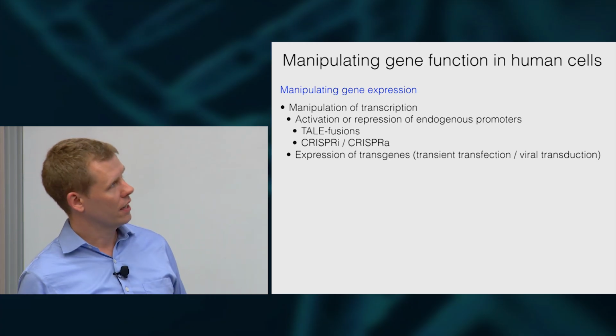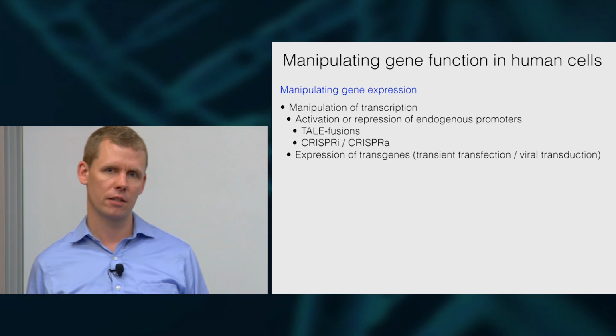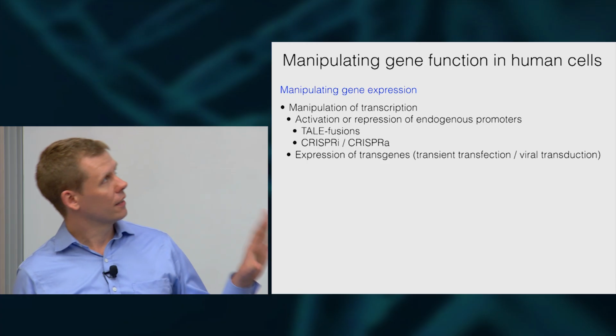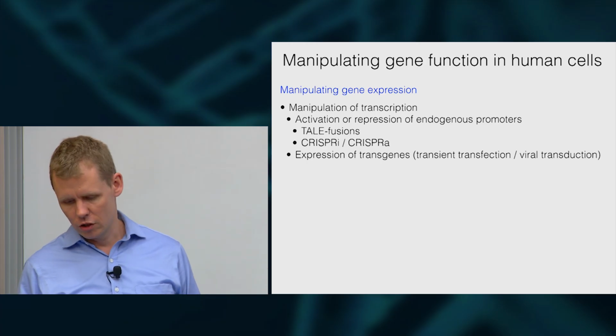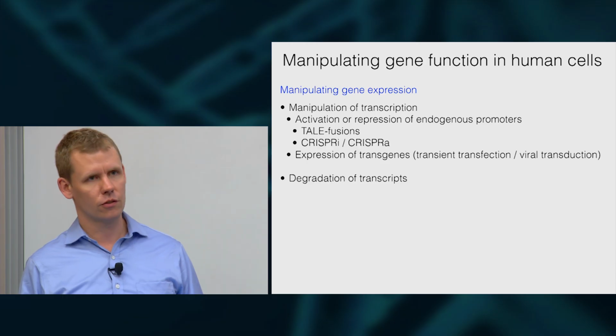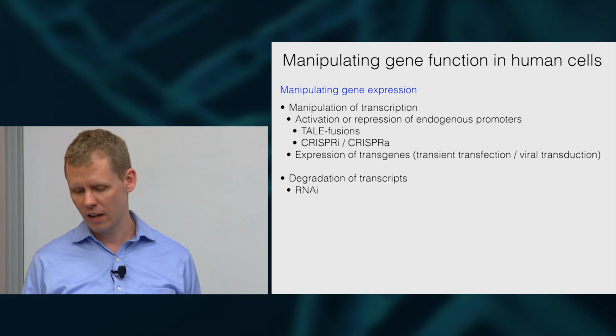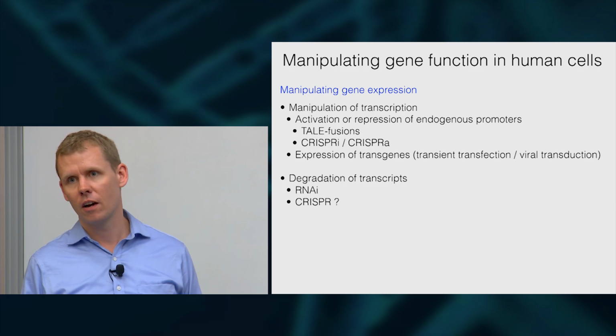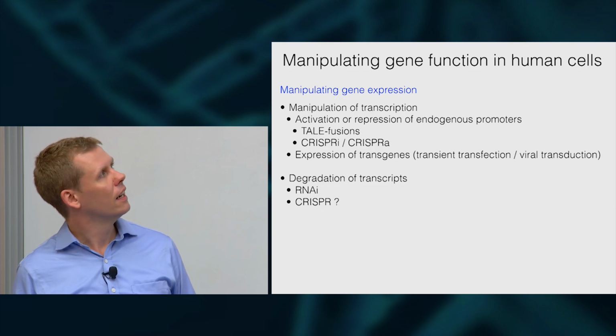We can express transgenes, for example, by introducing a cDNA into a cell. So that is manipulating gene transcription. We can also manipulate the stability of transcripts, for example, using RNA interference and newer CRISPR-based technologies that also act on RNA.